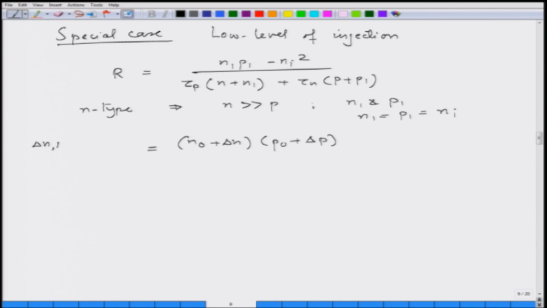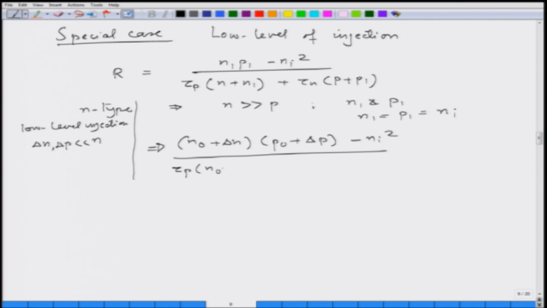So, delta n or delta p is much less than n for an n-type semiconductor, for low level of injection. So, the numerator would be (n naught plus delta n)(p naught plus delta p) minus n_i squared, divided by tau_p. n can be written as n naught plus delta n plus n1, and p as p naught plus delta p plus p1.